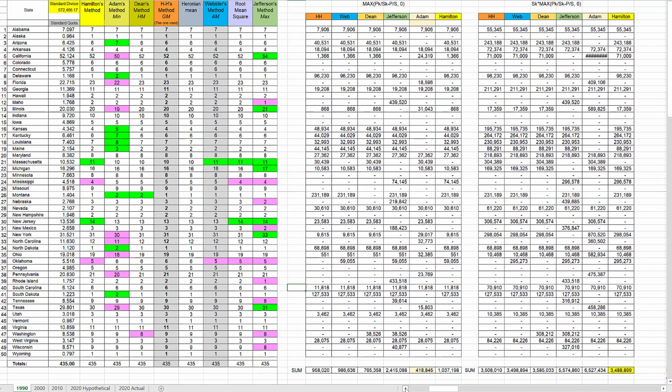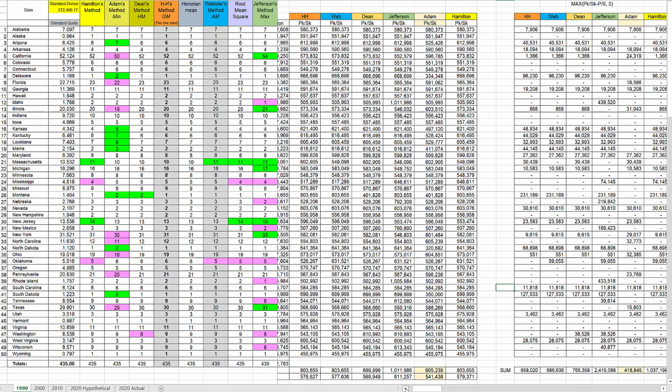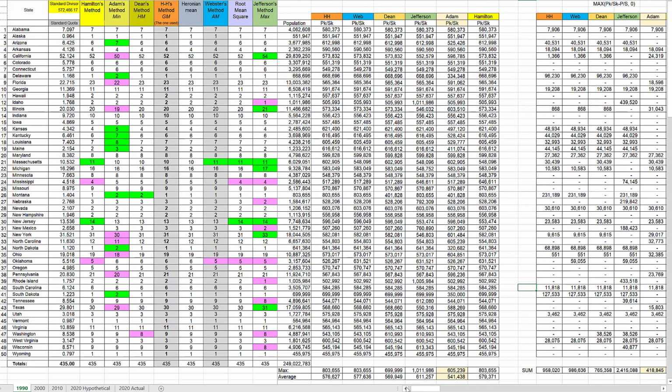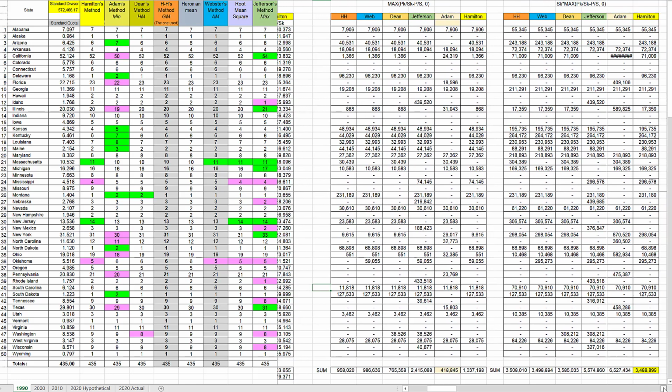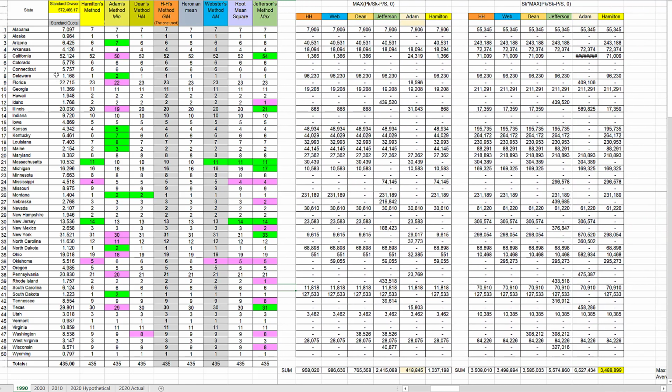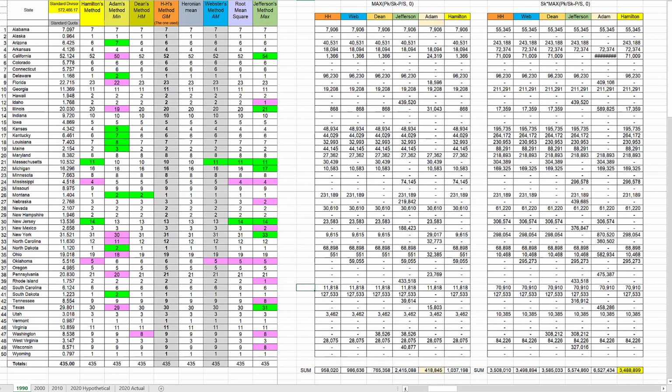So if we look at, whoops, I went too far. The people per seat. Here's the population. So just divide each state's population by how many seats you get for each method. Then Adams will minimize that. It'll minimize the maximum and the average. And then if you only count how much you're over the standard deviation, which in 1990 was 572,000-ish, then look a little bit here.